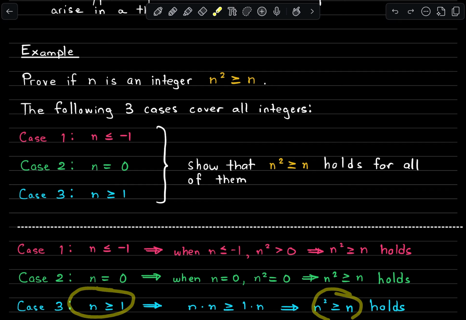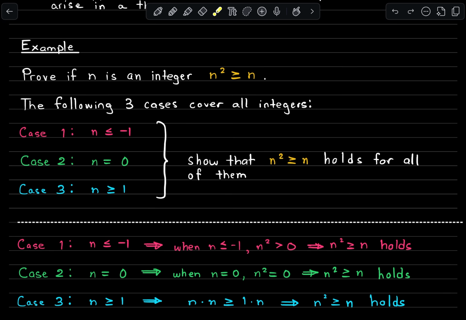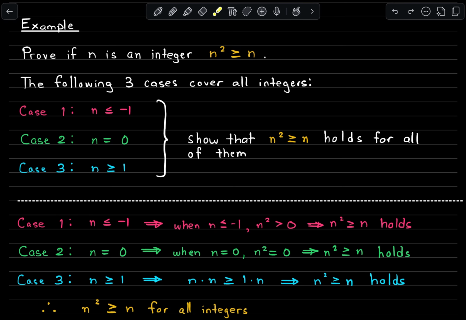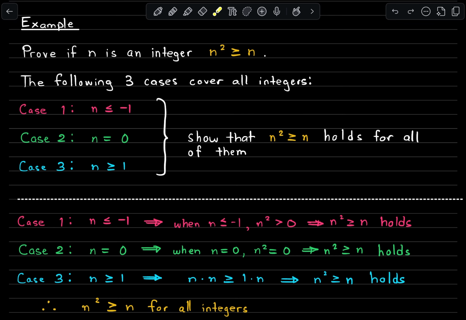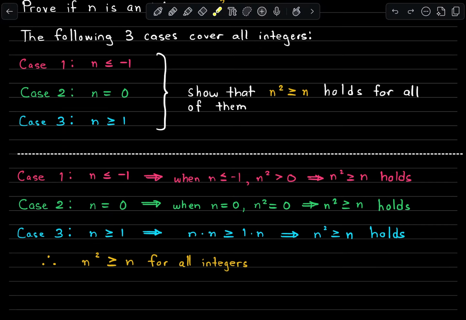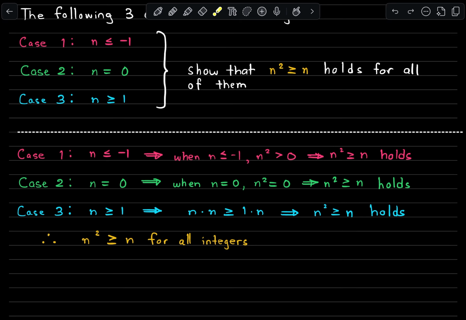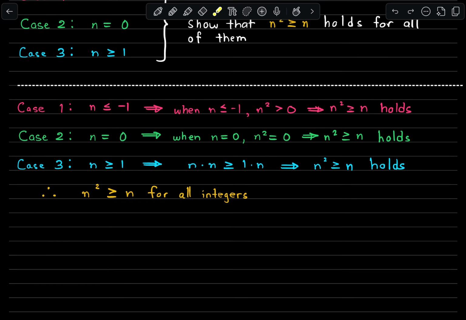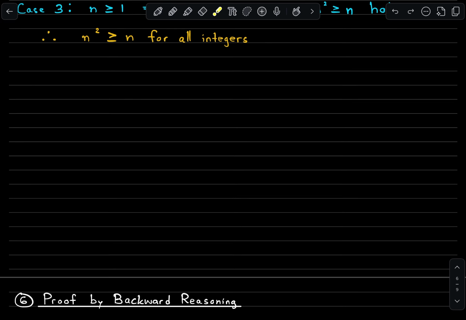That falls right out of the definition of a positive integer for the positive case. Therefore, this theorem holds for all three cases. That's just a quick example of how proof by cases works.